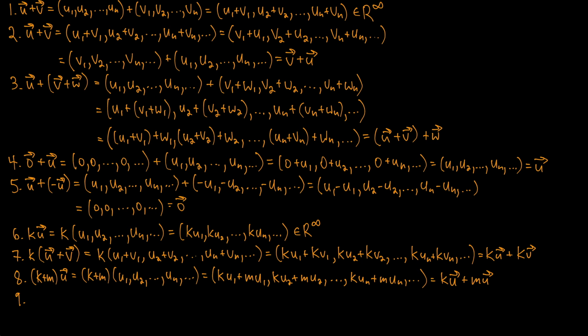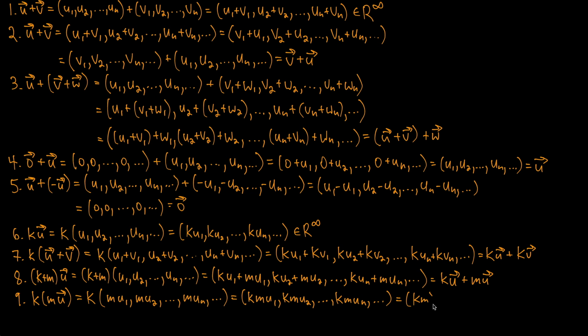Okay, almost done. We have to check now that the scalar multiplication is associative. So let's look at k times mu. So that's k times mu1, mu2, mun, and that's k mu1, k mu2, k mun, which is just k mu.